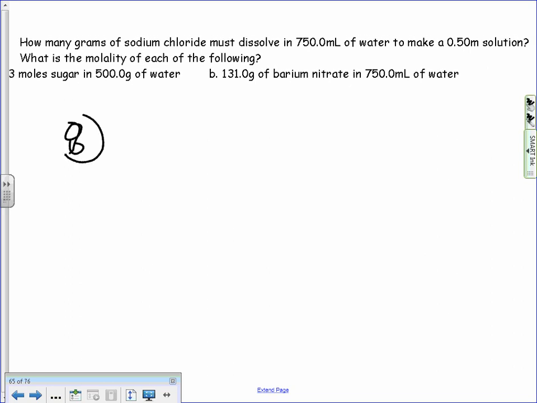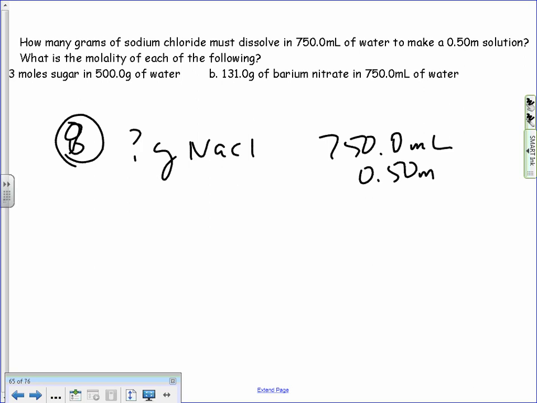8. How many grams of sodium chloride must be dissolved in 750 milliliters of water to make a 0.50 molal solution? Do you guys remember the magical equation if you have molality and kilograms? Because this is just water, right? Can't that milliliter immediately be changed to grams?